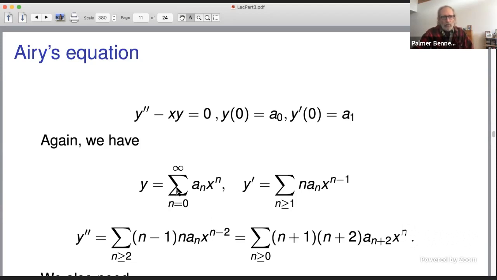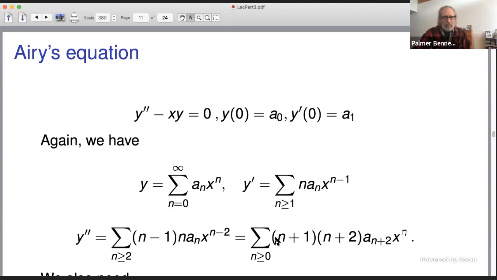So the function we're going to write is the sum of a_n x to the n. The second derivative appears the same as before. We take the first derivative by differentiating the terms in the series term-wise, so we get n a_n x to the n minus 1. The second derivative is n minus 1 times n a_n x to the n minus 2.